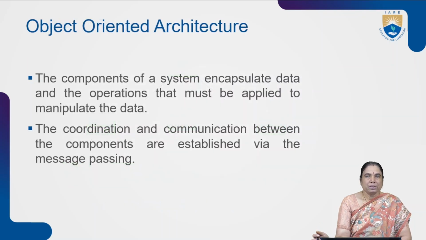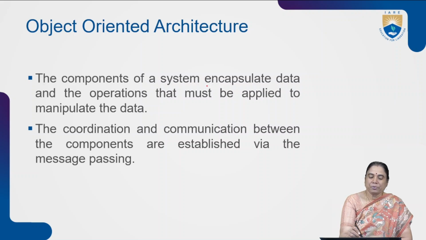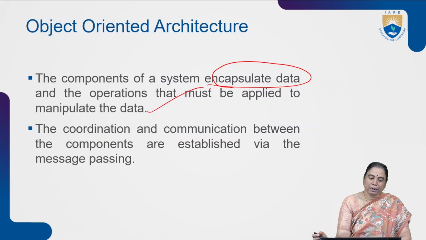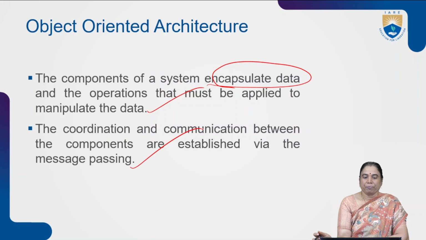Next architecture is object-oriented architecture. The components of the system encapsulate data and the operations that must be applied to manipulate the data. The coordination and communication between components are established via message passing.